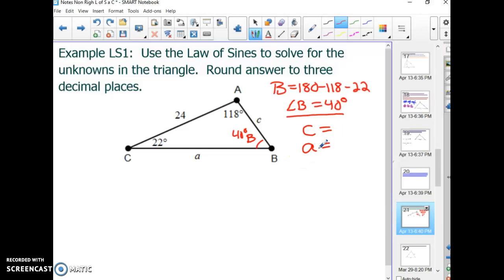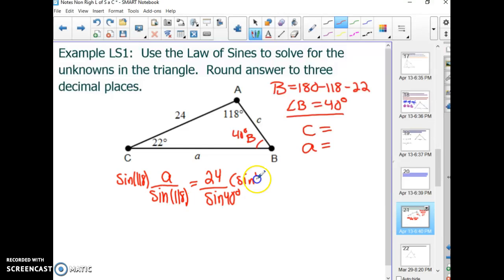Here's the thing. I've got to find a side, so I want to put my side information up front. I know A, what's opposite A? The sine of 118 has to equal this relationship right here. What's on top? 24 over the sine of 40 degrees. To get a by itself, I'm going to multiply both sides by the sine of 118.